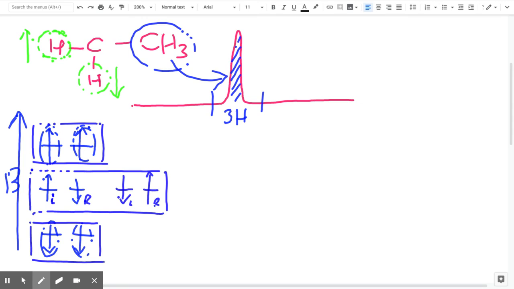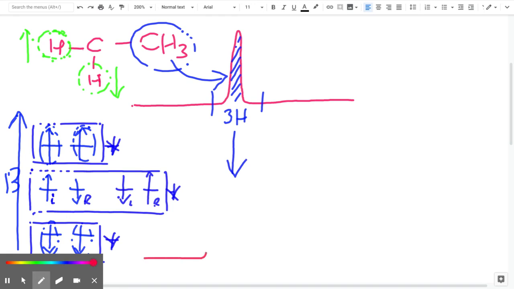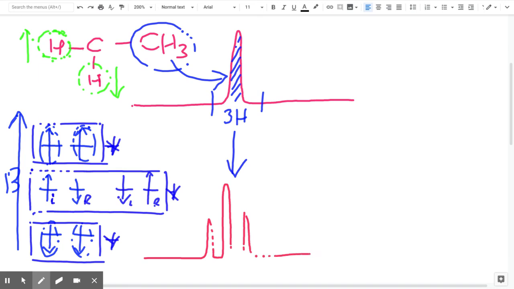As you can see from the previous one, when it was next to one proton, we split it into a doublet. This is going to split it into three different peaks. In the first example, we split it into a doublet where both peaks were the same height. However, in this one, we're going to split it into a peak where we have one peak there, a second peak there, a third peak there.